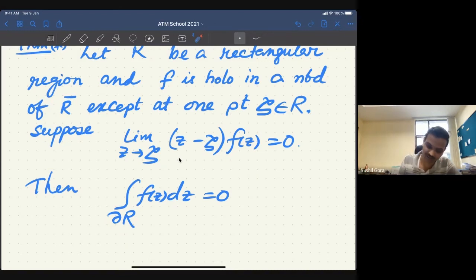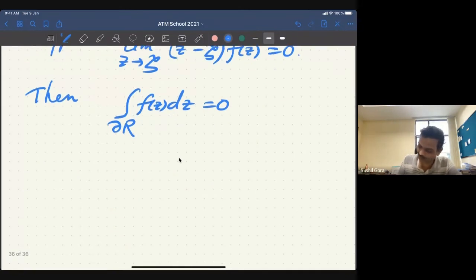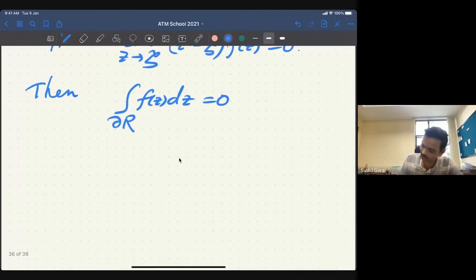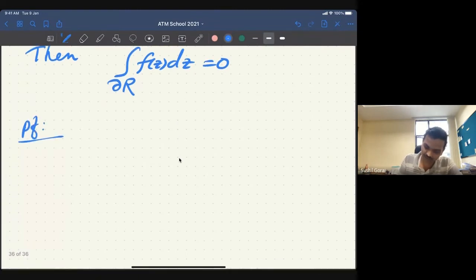All right, so let us look at a brief proof of this one. The proof is not very difficult. The rectangular region I will consider as before.